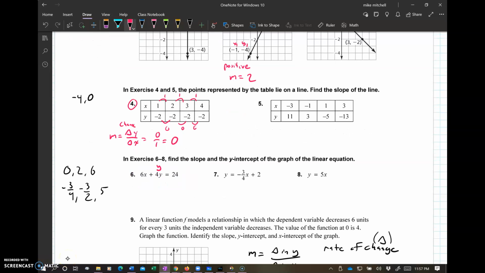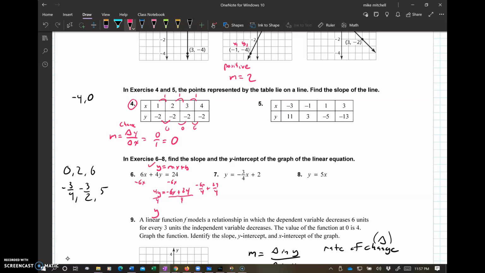For 6 and 8, you want to use y equals mx plus b form. Now there's some tricks I'll talk about with this form as in standard equation. We learned another way to graph that. And I got some other tricks I'll talk about in class with that. But we can solve this: minus 6x, minus 6x. That leaves 4y equals negative 6x plus 24. So we're solving this for y to get it in our slope-intercept form. Divide by 4. Remember, this means negative 6x over 4 plus 24 over 4.